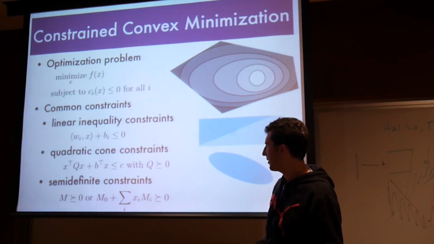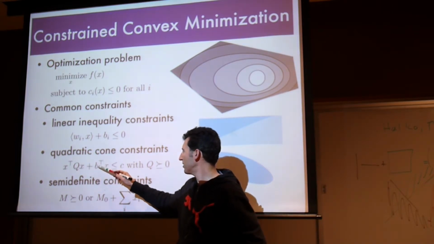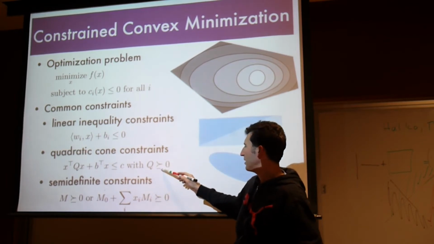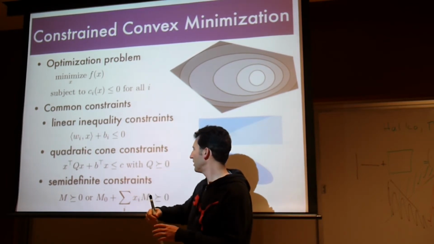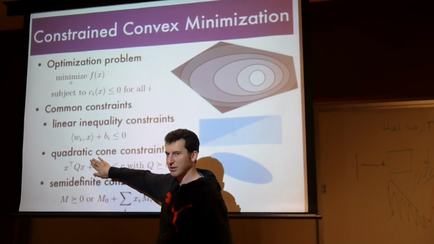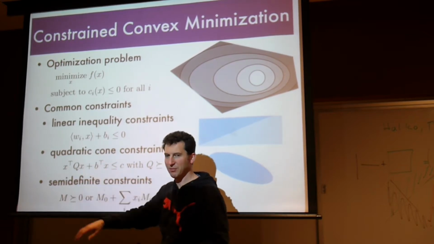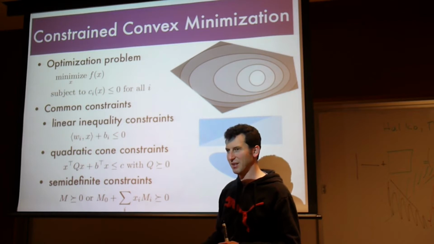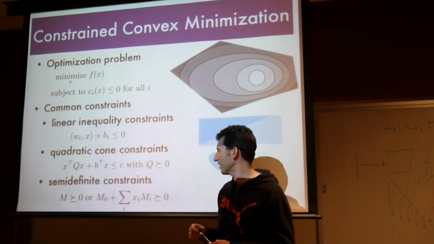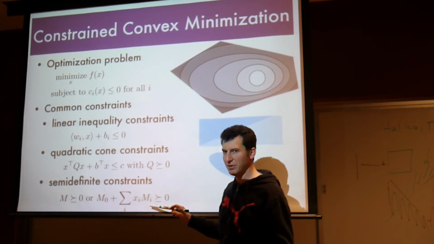So if I have 1/2 x transpose Q x plus b transpose x less than or equal to c, this is a quadratic, and if I just have that, it will give me an ellipsoid centered at the origin, and then depending on how c and b are chosen, it will give me either a cone or the empty set, or possibly just an ellipsoid again.